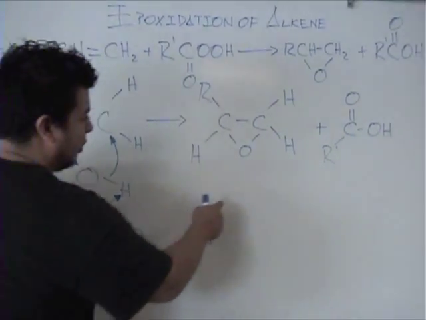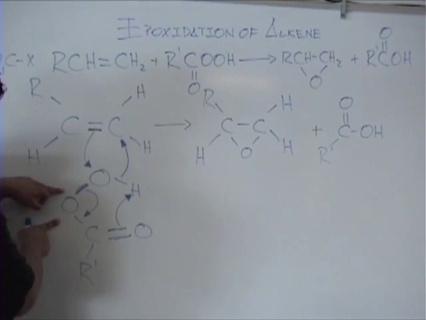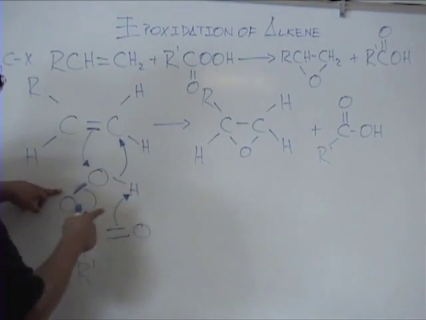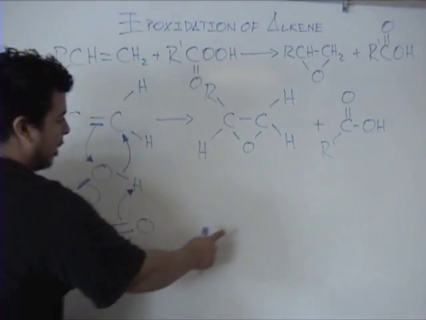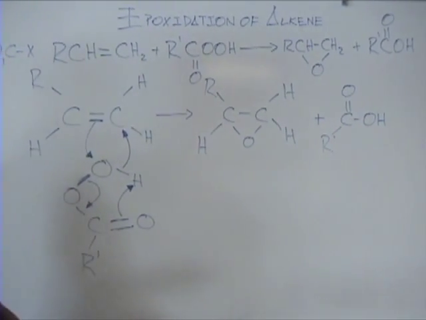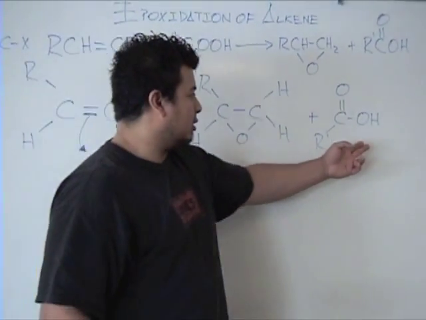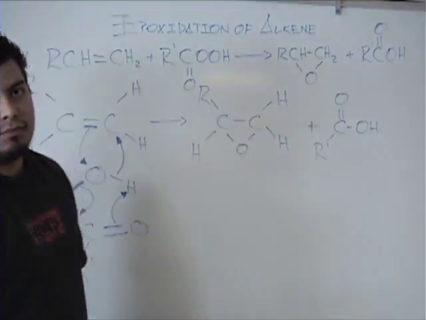And it goes to a double bond. That means that this oxygen right here is this oxygen right here. You have your double bond C, then you have your R prime. And then this one breaks the pi bond by picking up this hydrogen, and that's the hydrogen you see right there.